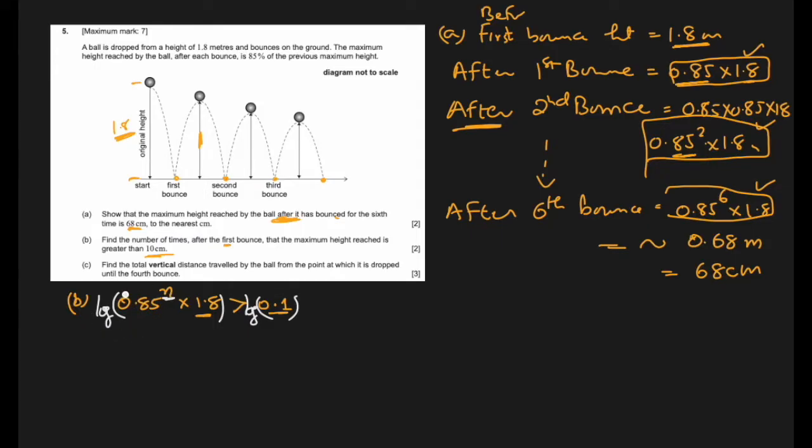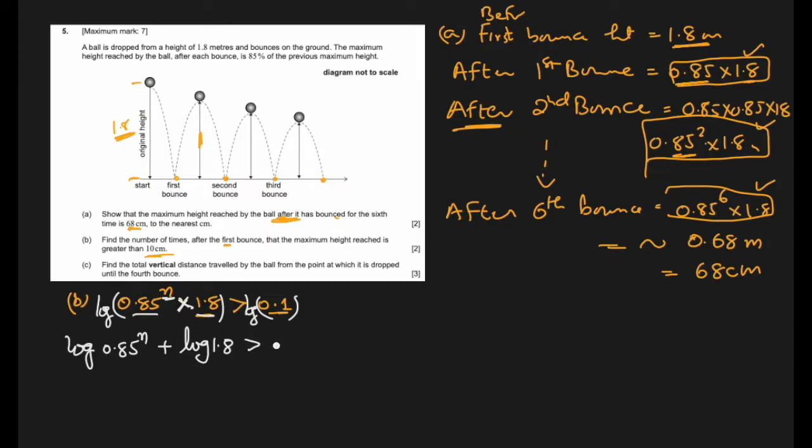Before it comes down, we have to separate these two. They are multiplying inside, so it will be log 0.85 to the power n plus log 1.8. Whenever we separate the contents of a log, they add up as different logs.